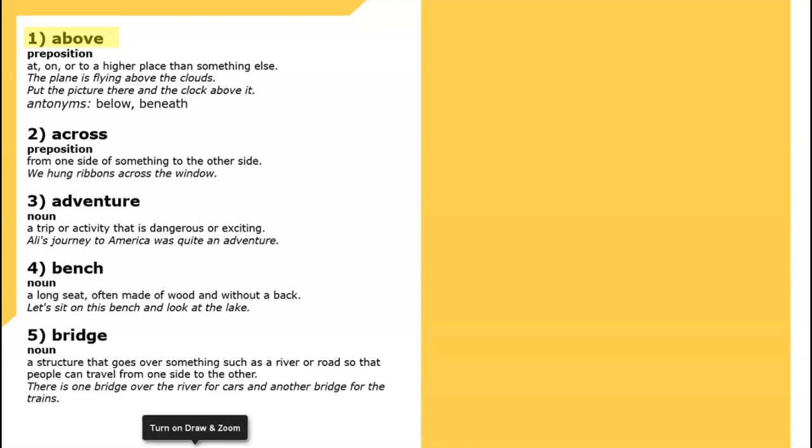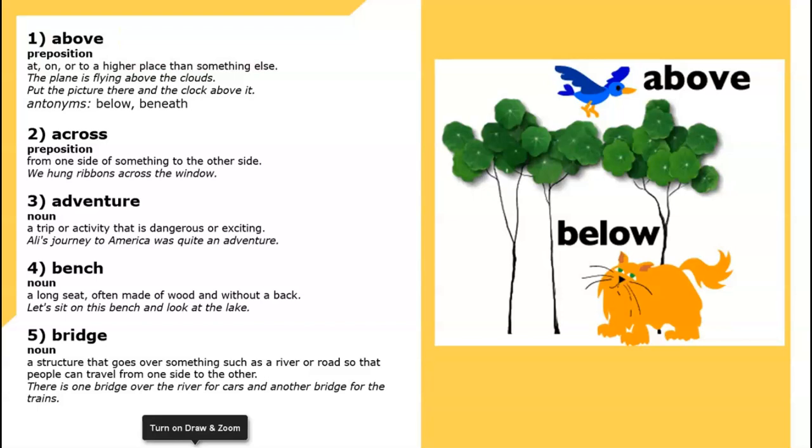Above. Above is a preposition, and the meaning of above, you can find it here. It means at, on, or to a higher place than something else. If you look at this picture, you can see the bird is above the trees, or the bird is above the cat.